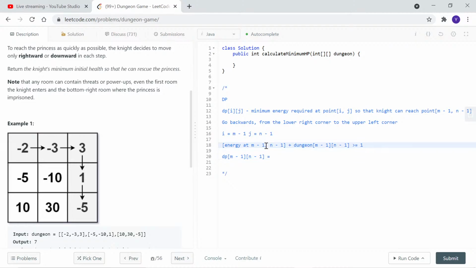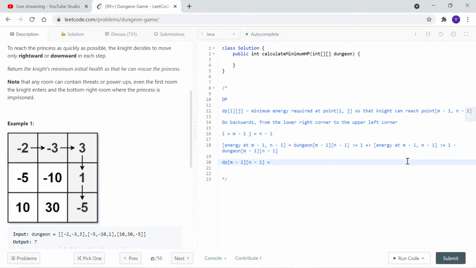Actually we can move this part to the right of the equation, and so we can get the energy needs to be larger than or equal to 1 minus dungeon[m-1][n-1].